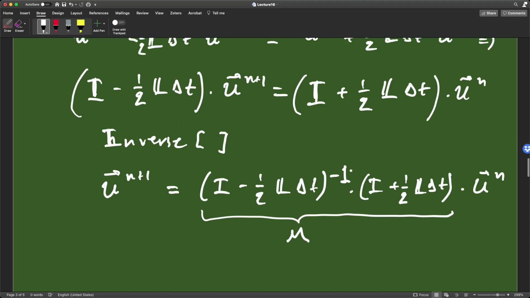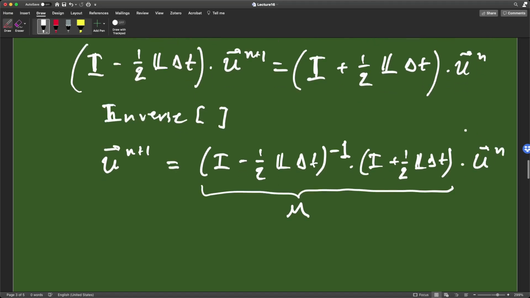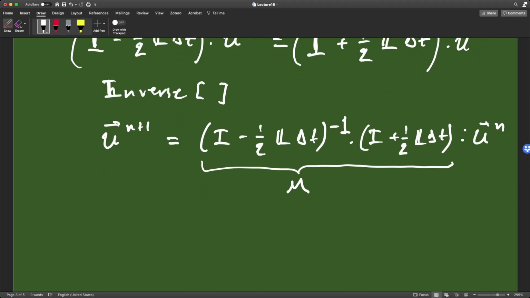Now calculating this inverse here, if you just do it once and store it, then the cost is a one-time issue. You don't have to do that inversion at each time step. However, you do have to do a matrix multiplication at each time step, and the cost of that operation scales as n squared, where n is the size of the matrix.